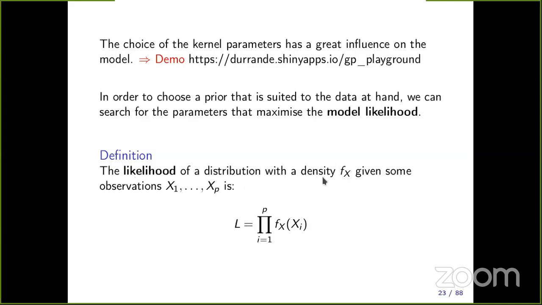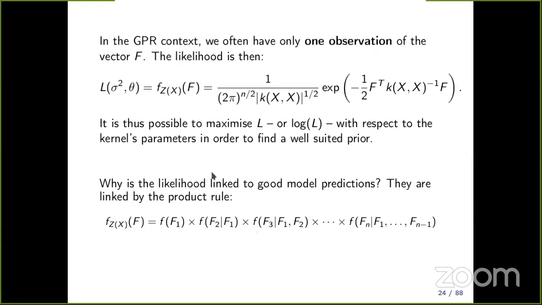The likelihood of a distribution with a density, so a PDF f(x), given some observations, is just the product of the density evaluated at the observations that we have. So if you have some observations that are very unlikely according to the model, then the likelihood is going to be small. In Gaussian process regression, what usually happens is that we have only one observation of the vector.